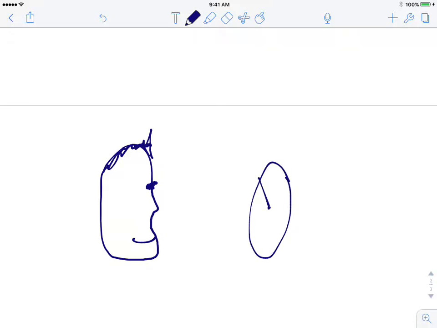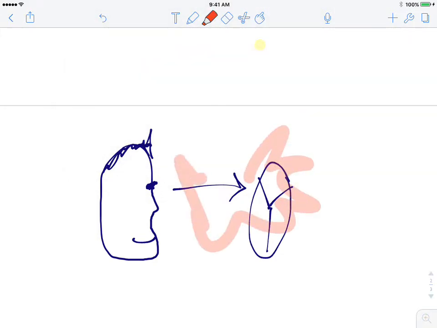If my face is going to hit my steering wheel, then it's going to slow down really quickly. Kaboom! Oops. Ouch. Okay, so the steering wheel is going to make my face slow down really quickly. It slows down almost all at once.